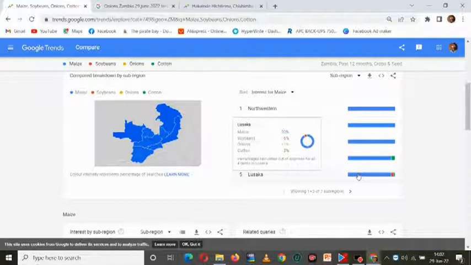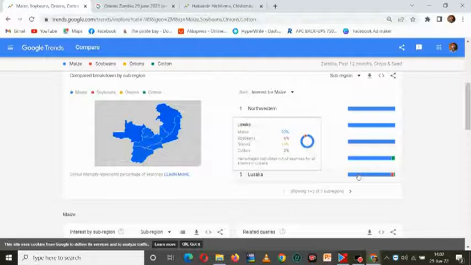But in Lusaka Province, maize was 92%, soybeans 6%, then onions less than 1%, then cotton 2%. Since we're basing this on the Zambian scenario, why do we see some of the people searching for soybeans, onion and cotton in Lusaka?